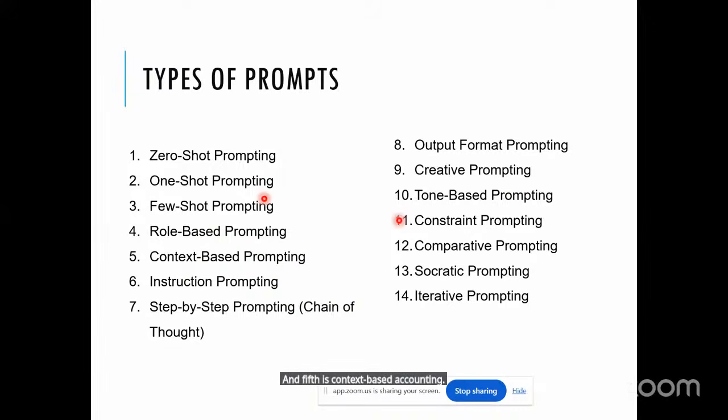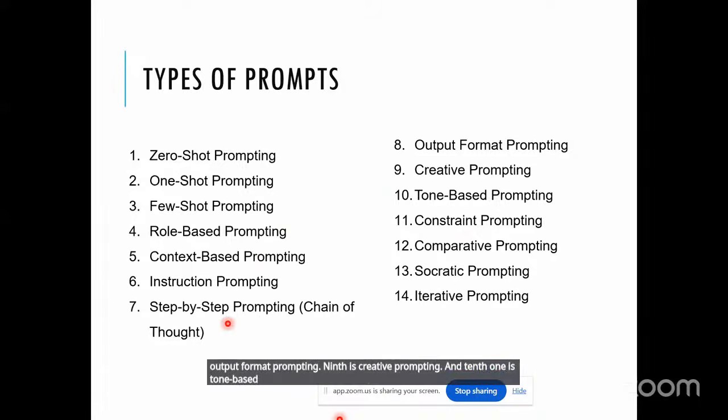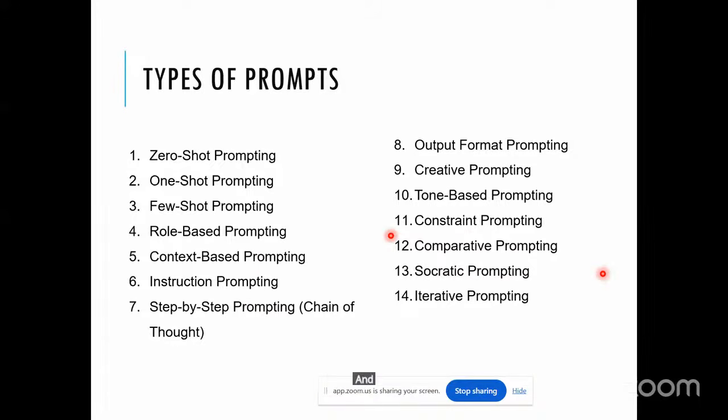Sixth is instruction based. Seventh is step by step prompting. Eighth is output format prompting. Ninth is creative prompting. Tenth is tone based prompting, and constraint based prompting. Twelfth is comparative prompting. Thirteen is Socratic prompting. And fourteen is iterative prompting. We see each and every prompt one by one.